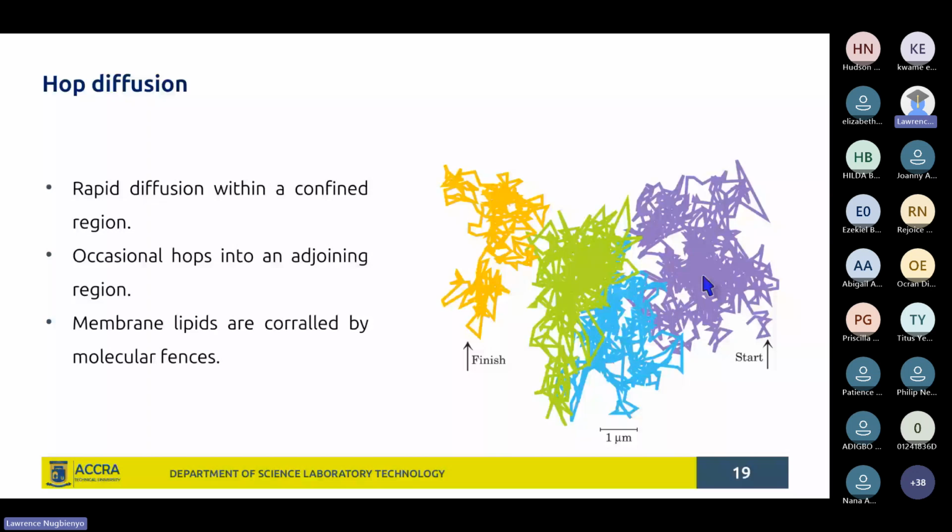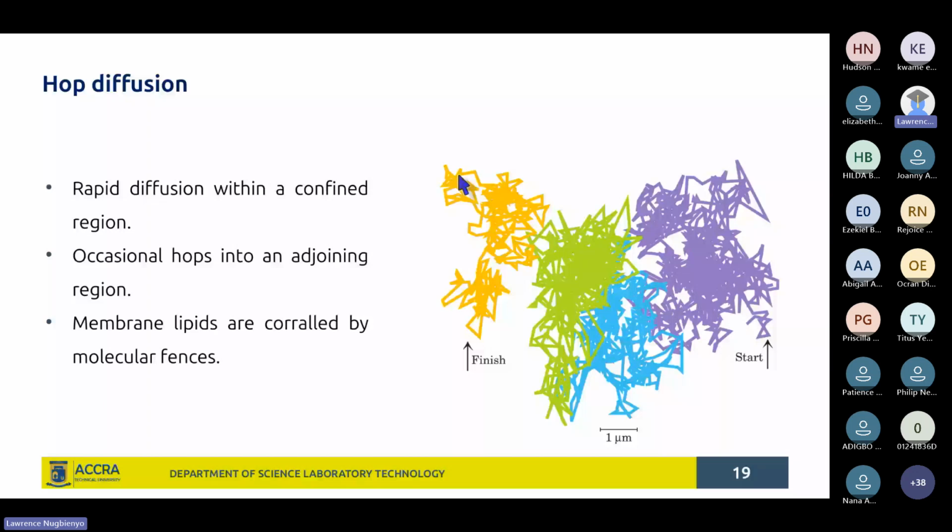So you see that at a particular place, there is really no space there. You can see they've been in that space for a very long time. They hop somewhere and then they come back to it. That's what is being referred to as hop diffusion. And with that, the term molecular fences was coined theoretically, to say that there is some form of a molecular fence, like a fence within which you have these lipids moving, so that they don't cross these fences.